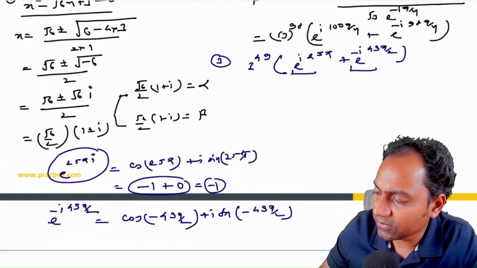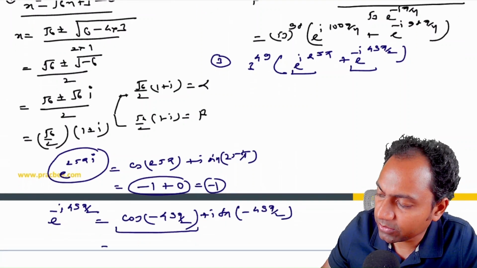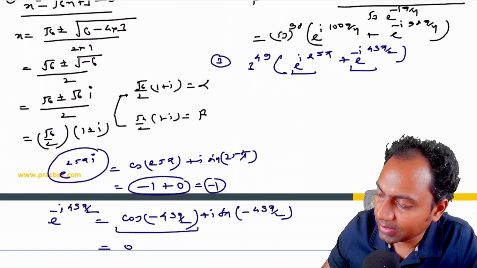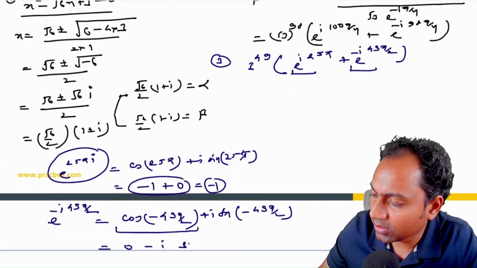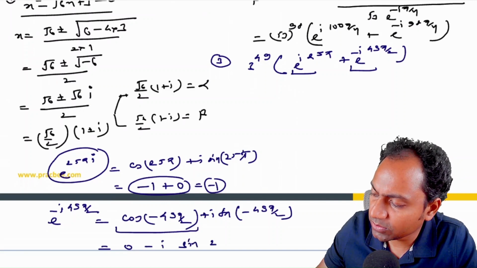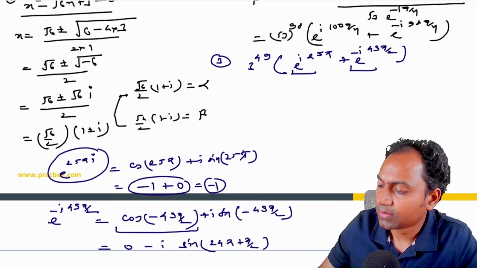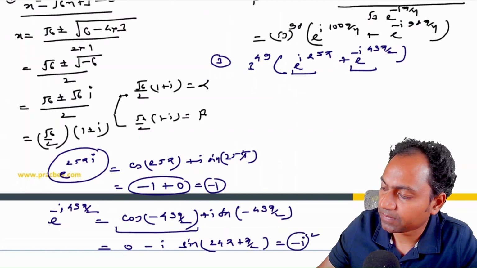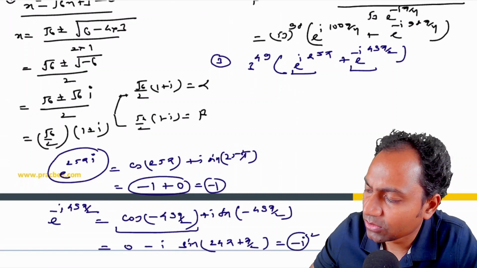If I simplify this, the first part you can see is an odd multiple of pi by 2, so this will become 0. The second part I can take the minus sign out, so it becomes sine of 49 pi by 2. 49 is nothing but 48 plus 1, so this becomes 24 pi plus pi by 2. So that will come out to be 1. This becomes minus i.